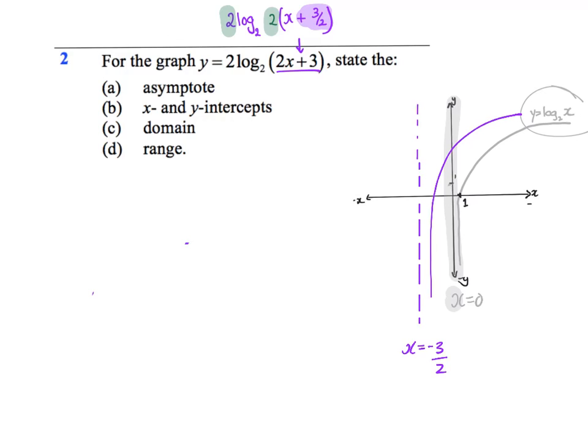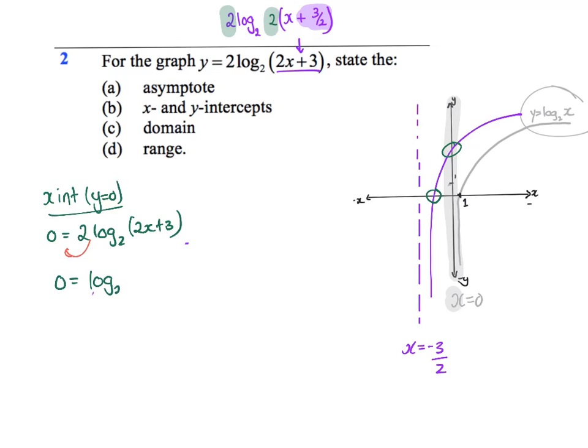We've got a graph that has an x and a y intercept, yeah? So let's go find them. X-intercept is when y equals 0. Awesome. So we've got 0 equals 2 log 2 of (2x plus 3). If you brought that 2 over to divide by 0, wouldn't it be 0? So I've got 0 equals log 2 of (2x plus 3). Now, do you remember, we could use that rule where we flick it around.